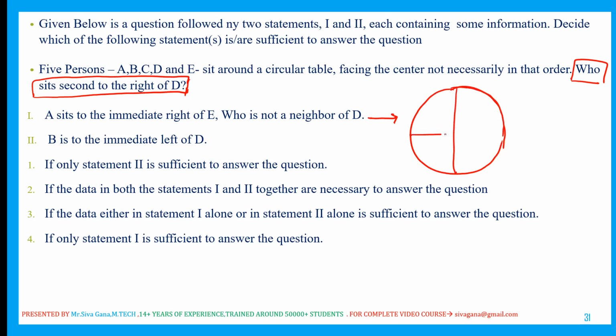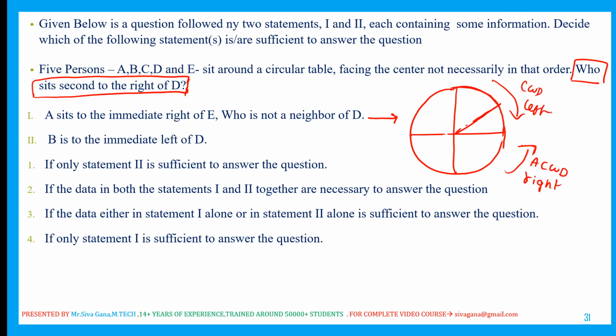As there are 5 persons, that is the reason why I am making 5 parts. All are facing towards the center. If facing towards the center, anti-clockwise direction movement is nothing but right movement, and clockwise direction movement is nothing but left.